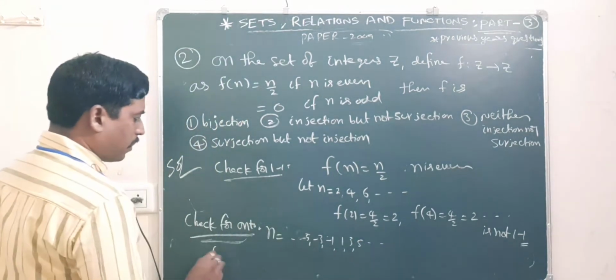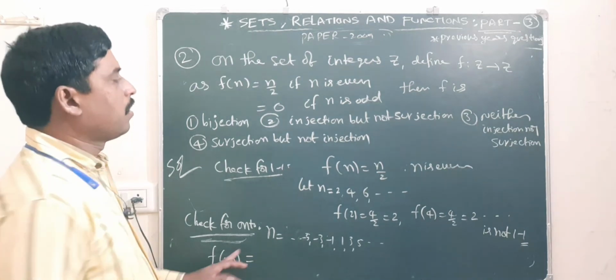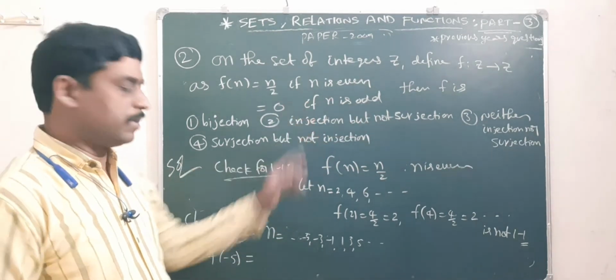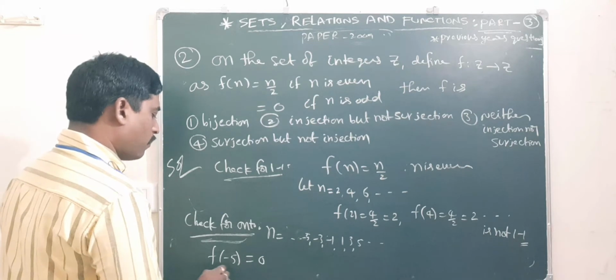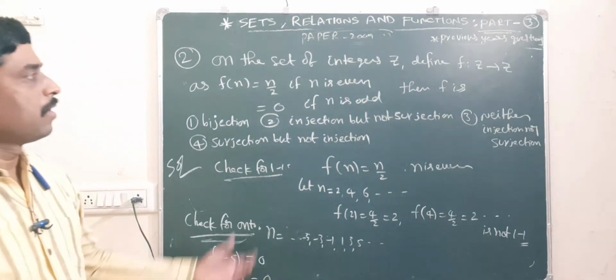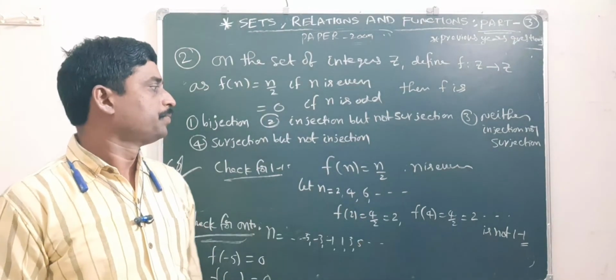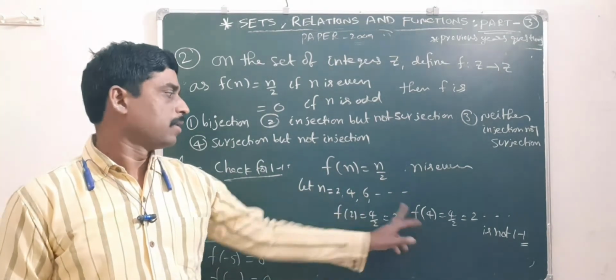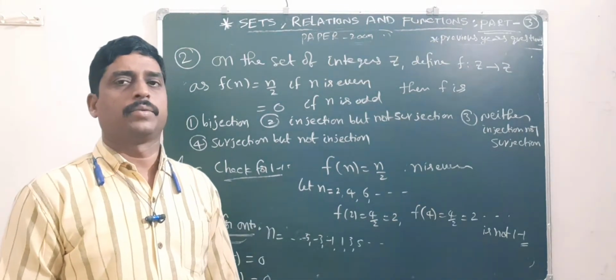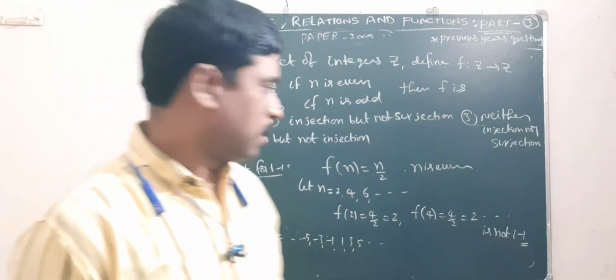F of minus 5, f of any odd number, the result will be 0. F of any even number, like f of 4, f of 6, 6 by 2, 4 by 2, the result will be 3, 2, and so on.